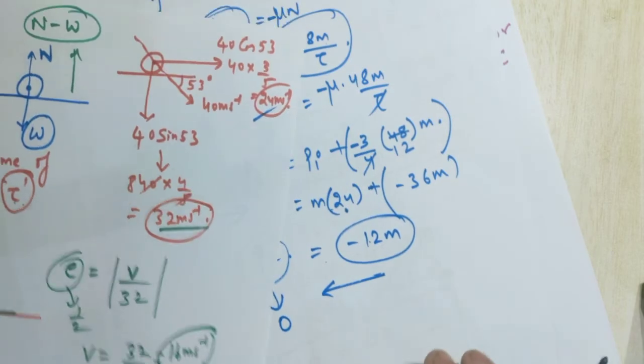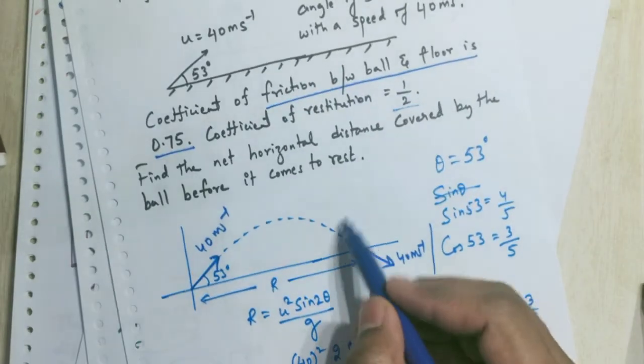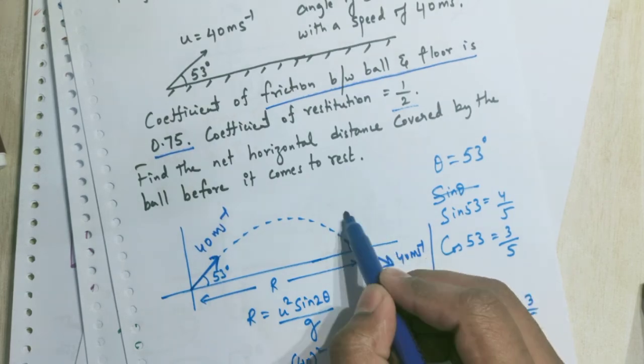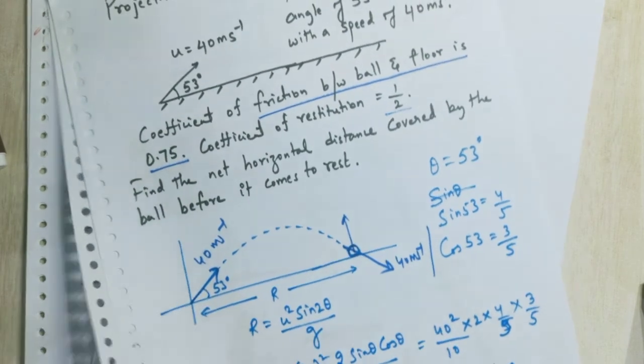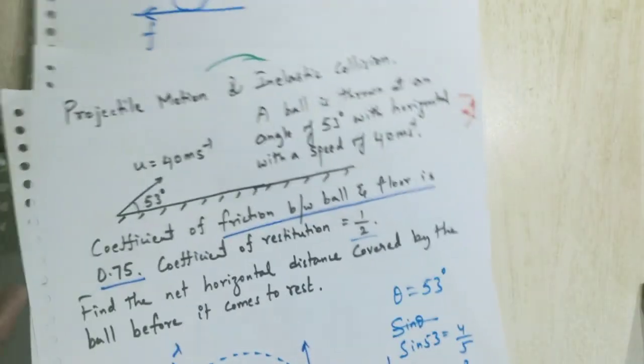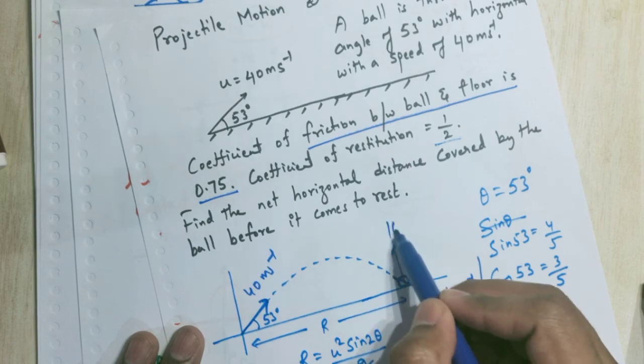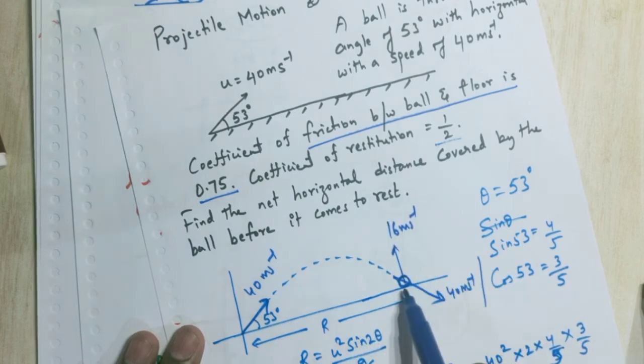So going back to the actual question, when the ball hits the ground here, there is only upward velocity. That upward velocity we have already found out, that is equal to 16 meters per second, whereas there is no horizontal velocity, because all the momentum that this ball has gathered when it hits the ground is killed by friction.